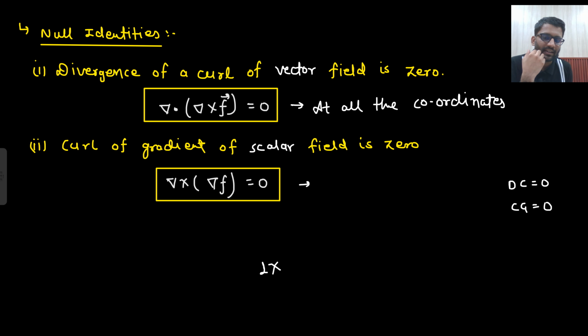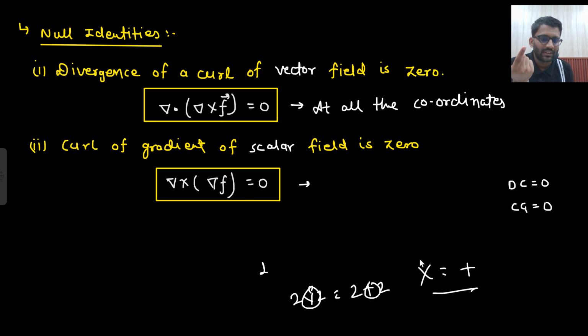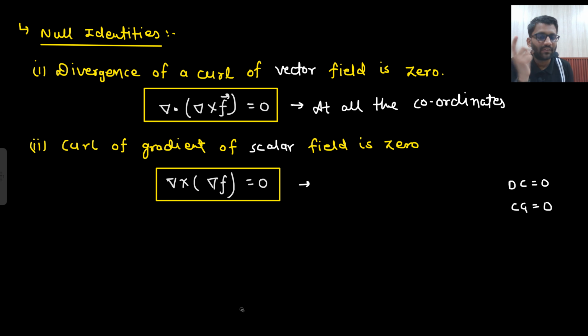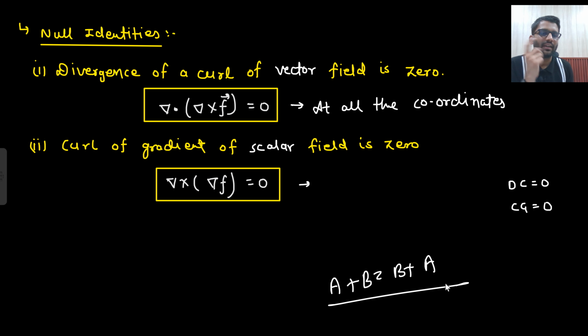It's not that on a specific point it will work. Like, can I say that 2 cross 2 is equal to 2 plus 2? It is true, right? 2 cross 2 is equal to 2 plus 2. So from here, can I conclude that cross and multiplication both are same? No. So that's why they are not identities, right? But if something is an identity, that means it is always true. We say that A plus B is equal to B plus A. So this is an identity.